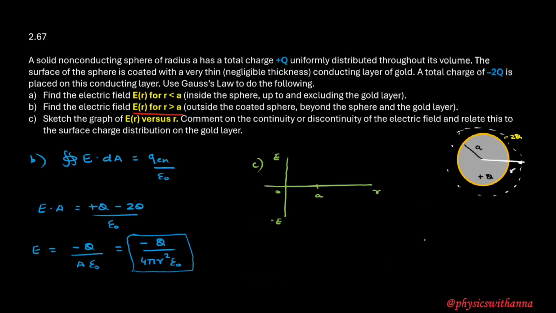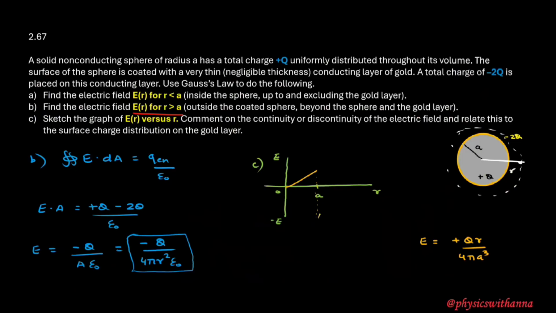As discussed in part A, electric field E was positive, Q r over 4 pi A cubed epsilon naught, which shows that electric field is directly proportional to R in the region inside the sphere. So I will draw a straight line. Then as you go outside the sphere, electric field becomes negative. So this is the point of discontinuity. Here electric field becomes negative and is inversely proportional to R squared.